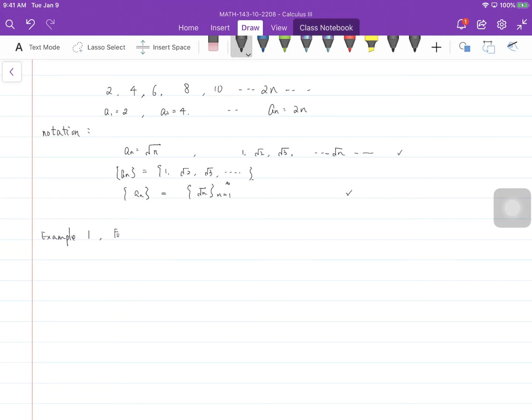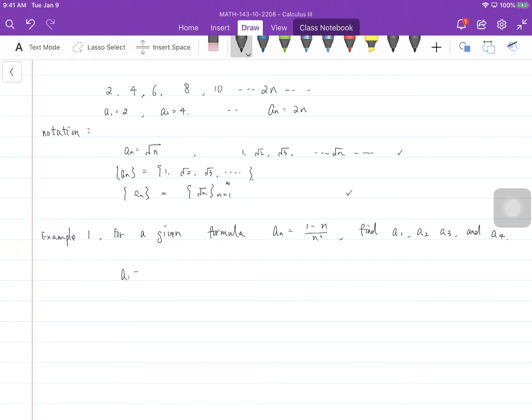For a given formula an, let's find the first several terms: a1, a2, a3, and a4. This is pretty easy. For a sequence, n always starts from 1. The first term, second term, and so on, that is the index.